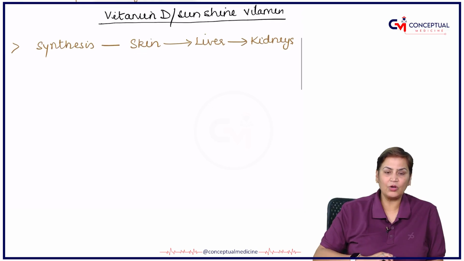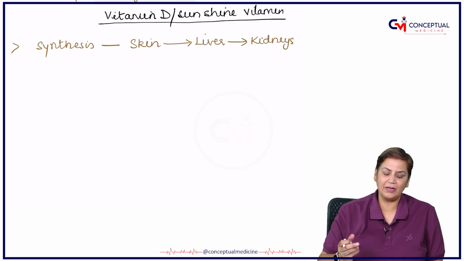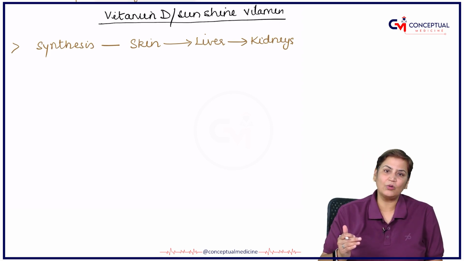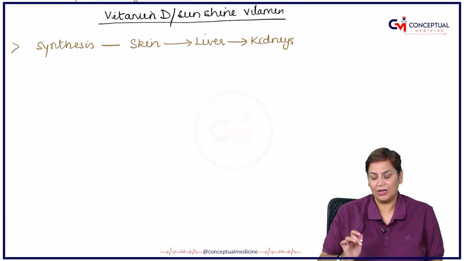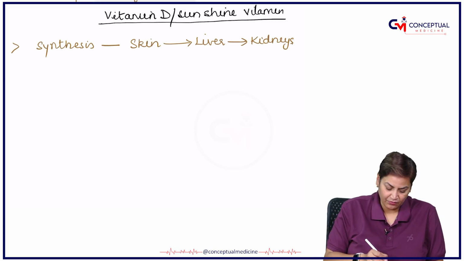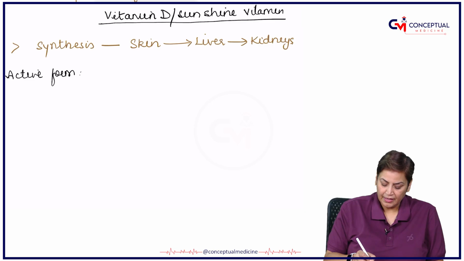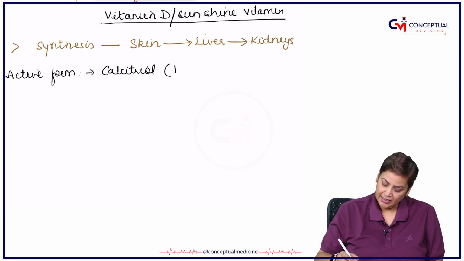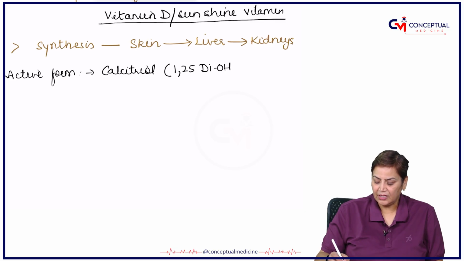Whenever we talk about any vitamin, we should know about its active form. The active form of vitamin D is calcitriol, which is also known as 1,25-dihydroxycholecalciferol.